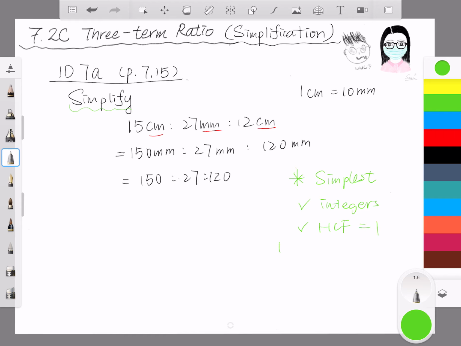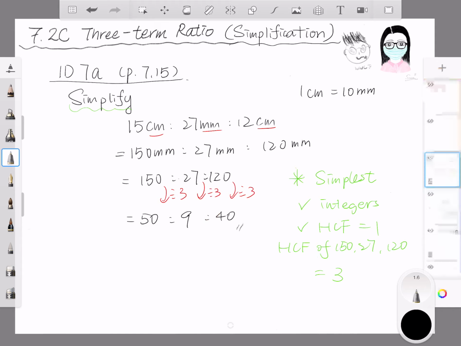But this time you can see that the HCF of 150, 27, and 120 is 3 instead of 1. So you have to take away the factor 3 from each term, meaning you divide each term by 3 to become 50, 9, and 40. So this is the final answer for part A.